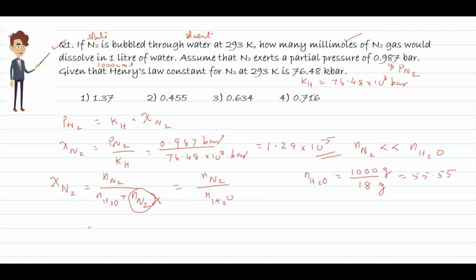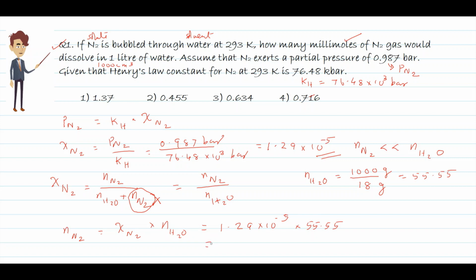So we can substitute and find out the number of moles of nitrogen. Number of moles of nitrogen is equal to mole fraction of nitrogen into number of moles of water. Mole fraction of nitrogen is 1.29 into 10 raised to minus 5, into number of moles of water, 55.55.